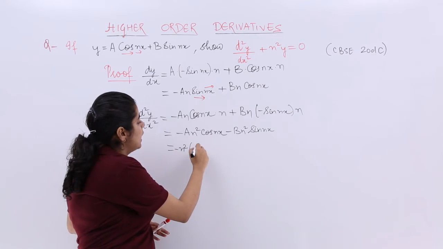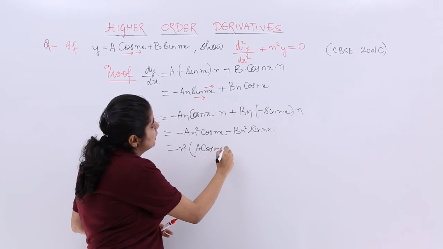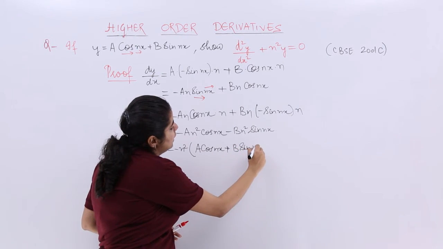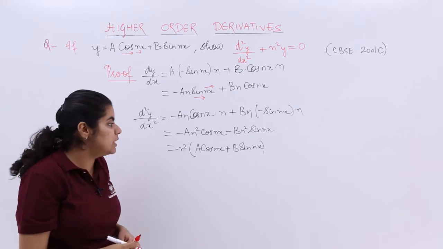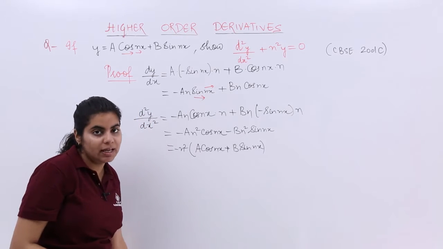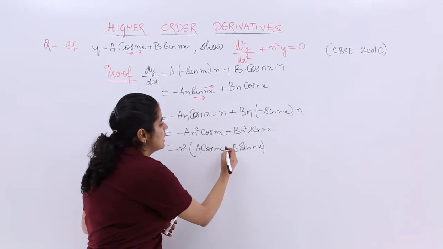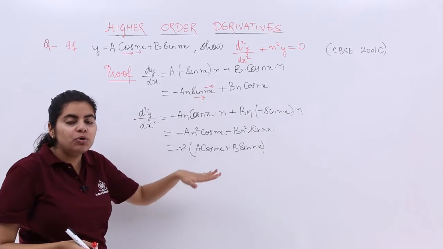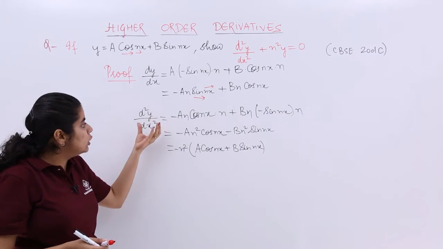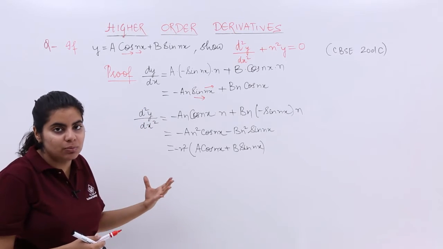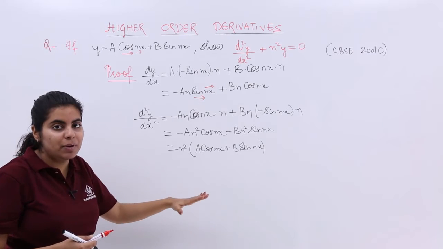Now it is a cos nx plus b sin nx. And why is it plus b sin nx? Because we have already taken out the negative sign common, so it becomes plus b sin nx. Now you have actually reached the solution to d2y by dx square.